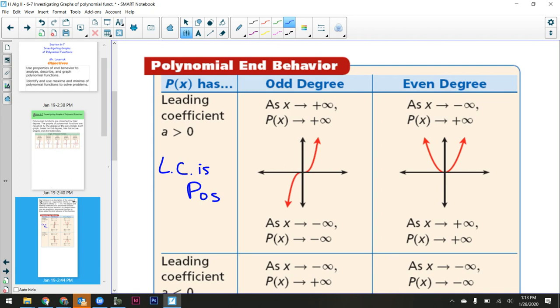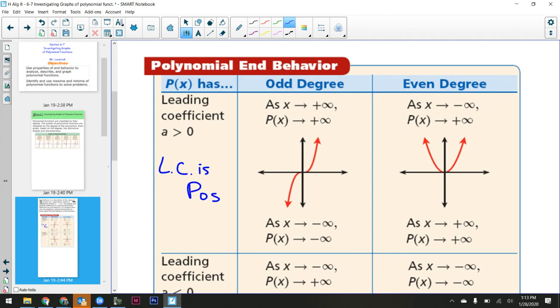So again, the two parameters that we're looking at are what is the degree, and I don't really care about the numeric value of the degree. I only care about whether it's odd or even. And then I look at the leading coefficient.